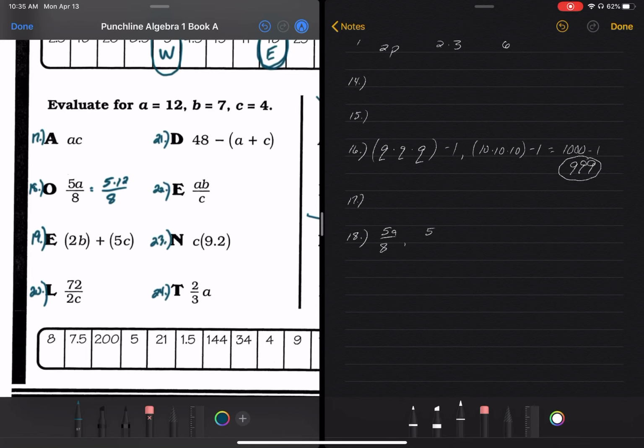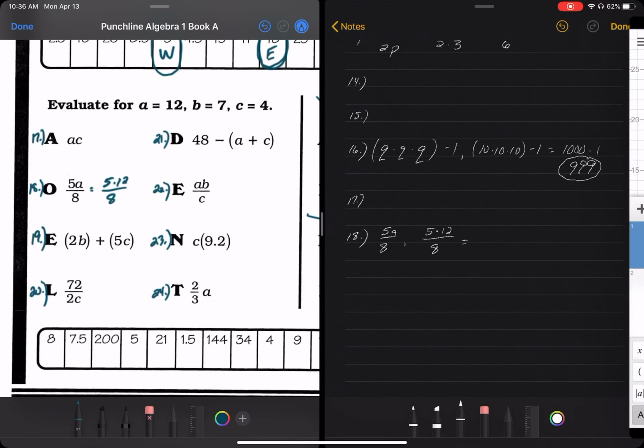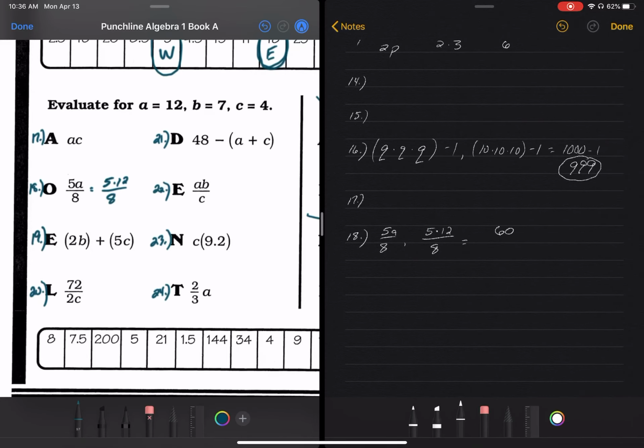So 5 times 12 divided by 8. 5. Put that dot in the middle. 5 times 12 divided by 8. Okay? All right. 5 times 12. Again, if you don't know how to do it, you can use a calculator. So 5 times 12, we know it's 60. So 60 divided by 8. 60 divided by 8.